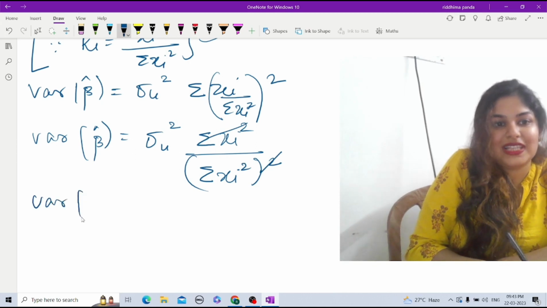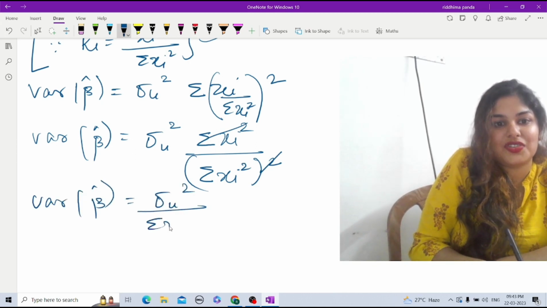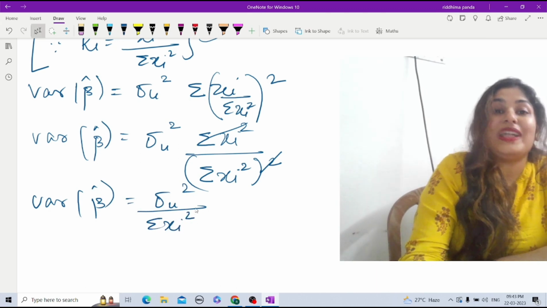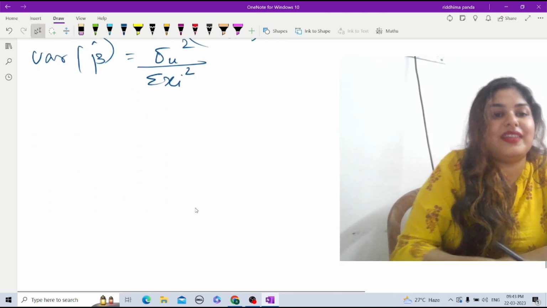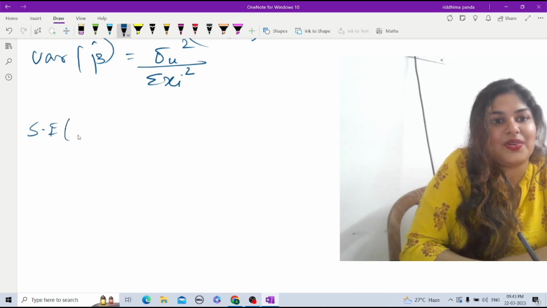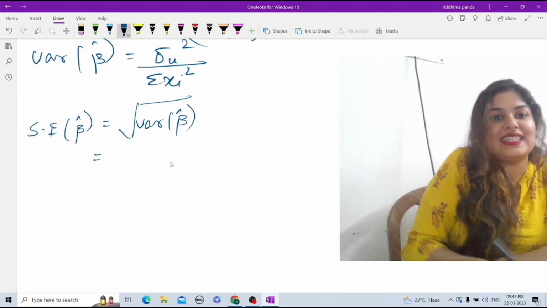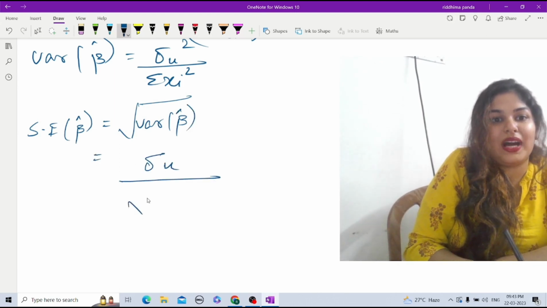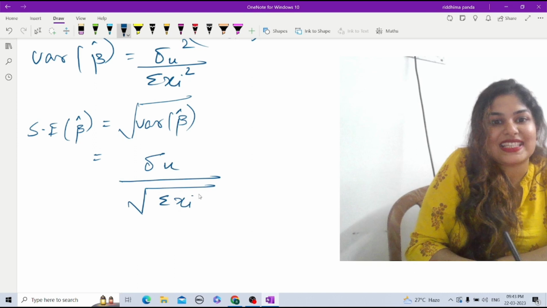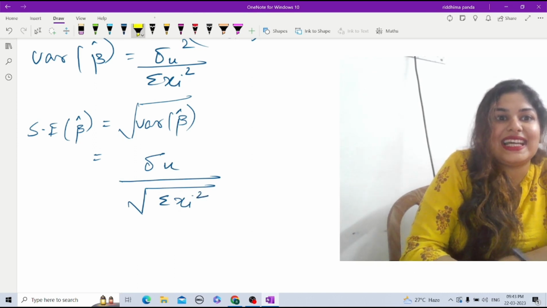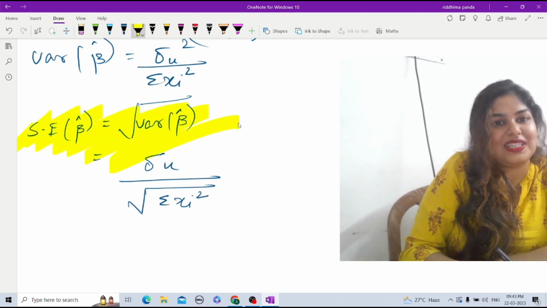So what I'm left with is variance of beta hat is equal to sigma u square by summation xi square. Now what is the standard error? Standard error of beta hat is equal to root over variance of beta hat, that is equal to sigma u by root over summation xi square, and that is the estimate of the standard error of beta hat.